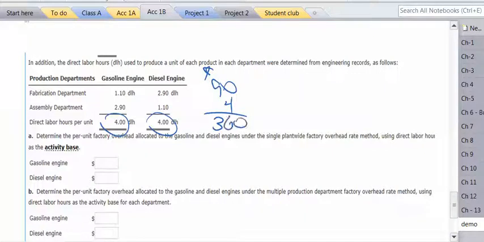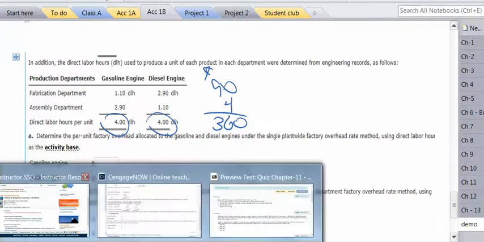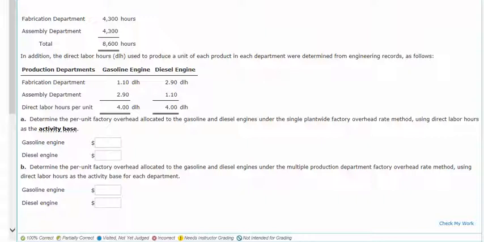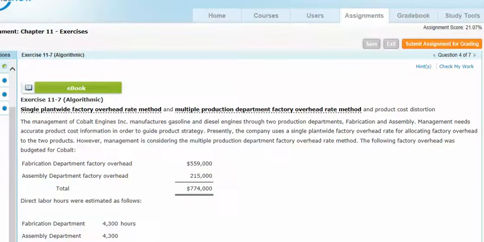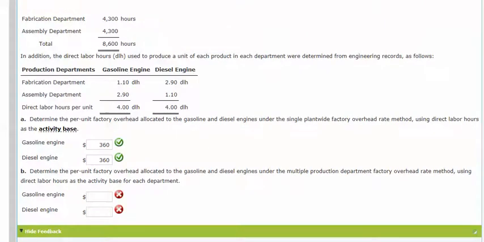So I'd allocate $360 to both the gasoline and diesel. Now we can see that under the single plant-wide method, it's the same for both. But next, we're going to go to the production department method where it's allocated by department, and we'll see the differences.